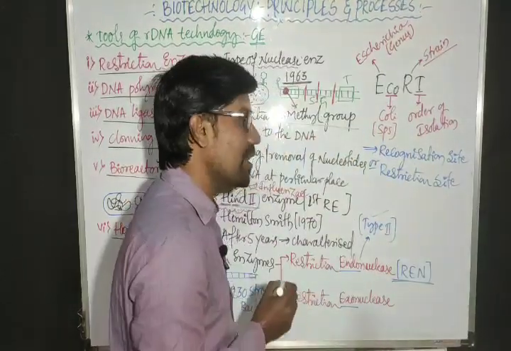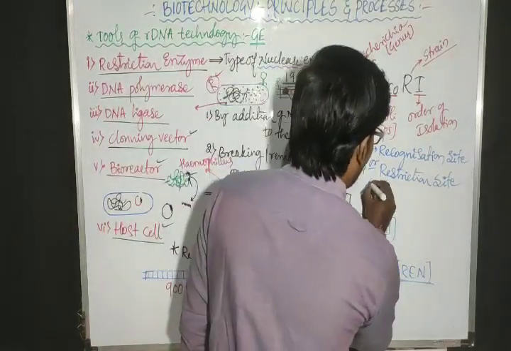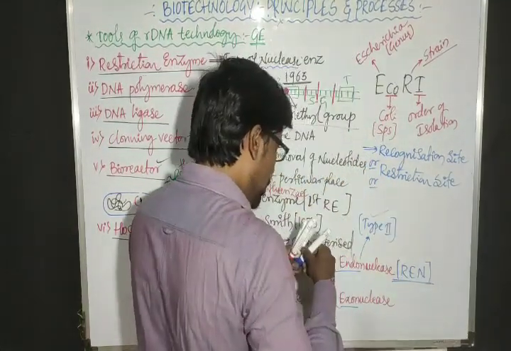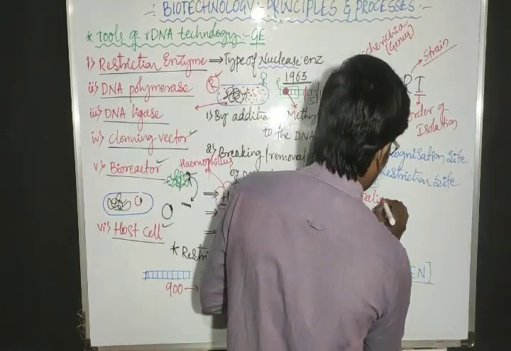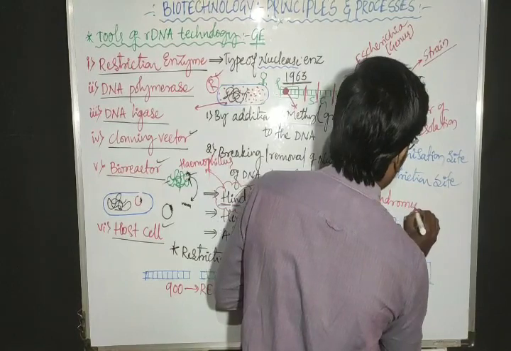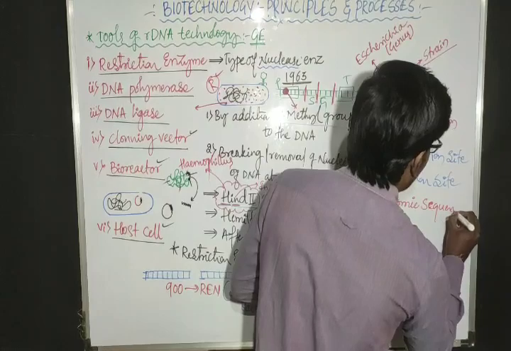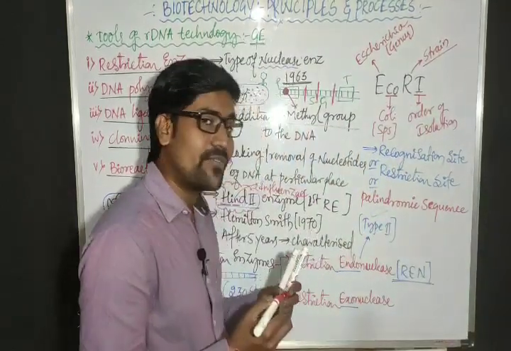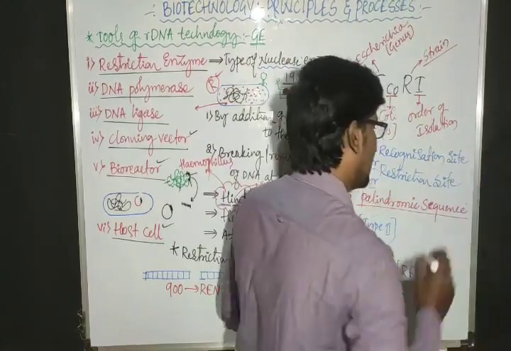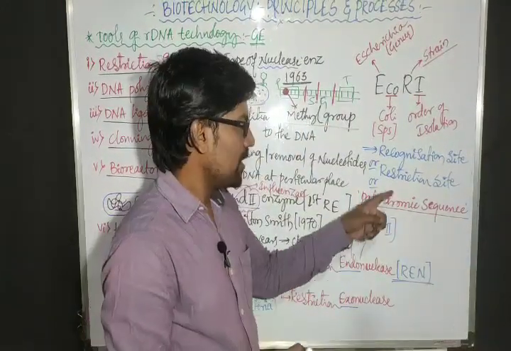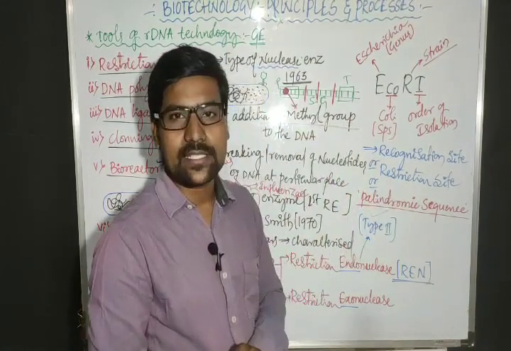Another term we will use, apart from restriction site, is palindromic sequence. All three names are the same: recognition site, restriction site or palindromic site.